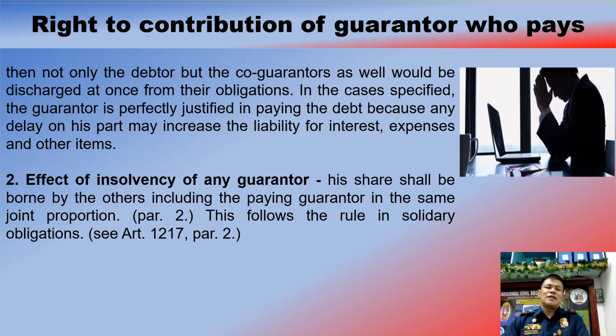Effect of insolvency of any guarantor. If any of the guarantors should be insolvent, his share shall be borne by the others, including the paying guarantor, in the same joint proportion. This follows the rule in solidary obligation.